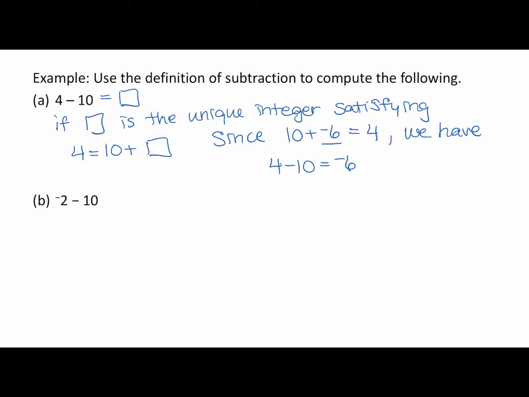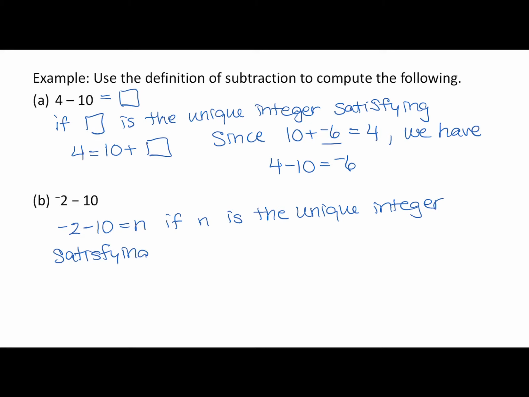All right, let's use the letter n this time instead of a box for part B. So negative 2 minus 10 equals n if n is the unique integer satisfying the addition problem.